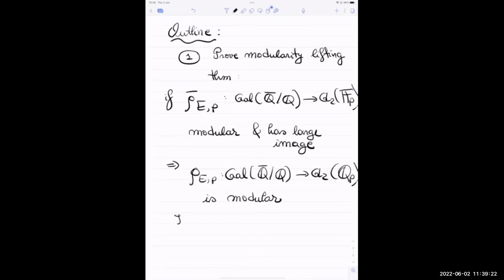And the key to this step is to use the so-called Taylor-Wiles method, something that's also known as the patching method. So Taylor-Wiles patching. And the idea here is to construct a family of Galois representations that lift your fixed residual one by varying the tame level.